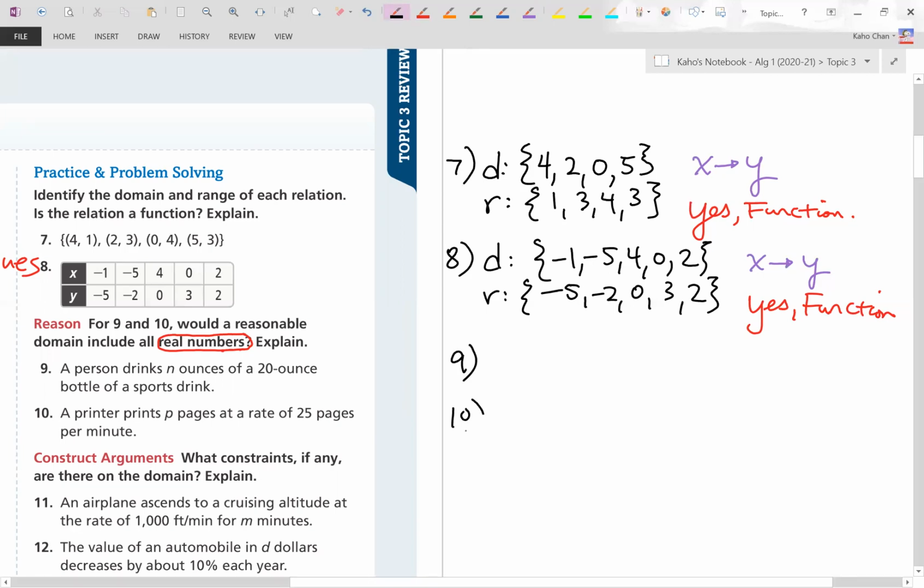These are real world problems. Real world numbers include negative numbers, but both of these cannot be negative. I mean, a sports drink, there's no such thing as a negative ounce of liquid. For a printer, there's no such thing as a negative number of pages. So for both of those, I would say no. Cannot be negative.